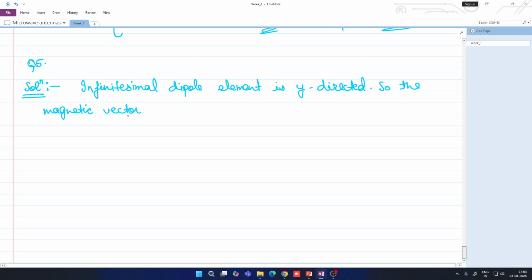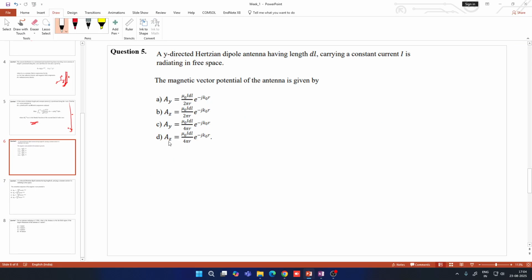We have been given 4 options, and we have to select the correct one. So we are going to write the magnetic vector potential for this antenna, which is directed along the y-axis. The magnetic vector potential will have only a y component, correct? And in the options, if you see, 4 options are given. One is directed along y, another along z. Out of these 4, 2 are directed along the y and 2 along the z axis. So we have to select the correct one.